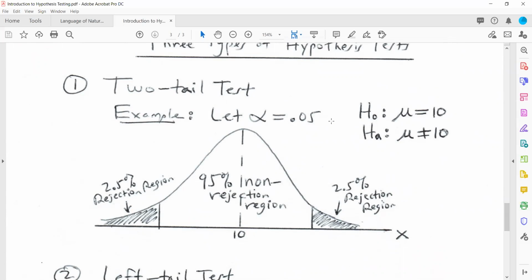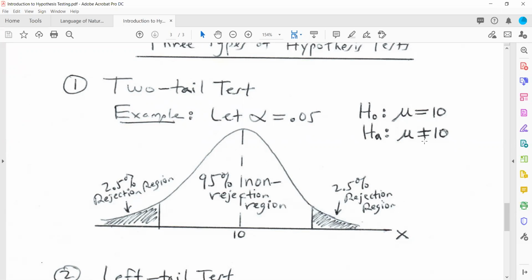By the way, there are two ways of doing the hypothesis test, and I'm just showing you one of them here. I will also explain the second way, in more detail on Wednesday. If we have a two-tailed test, the alternative hypothesis has a not equal to.